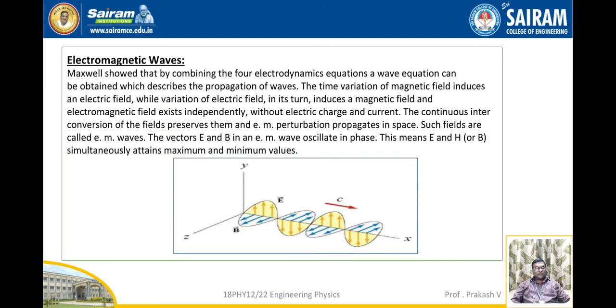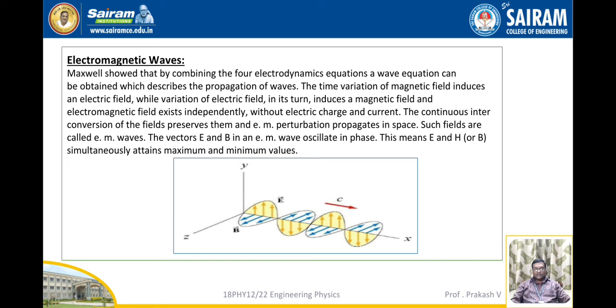Next, here I am going to discuss electromagnetic waves. Maxwell showed that by combining the four electrodynamic equations, a wave equation can be obtained which describes the propagation of waves. The time variation of magnetic field induces an electric field, while variation of electric field in turn induces a magnetic field, and the electromagnetic field exists independently.